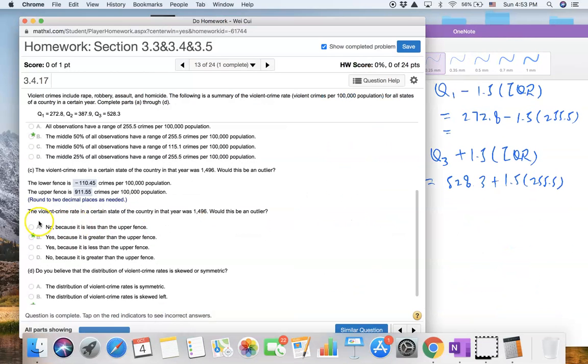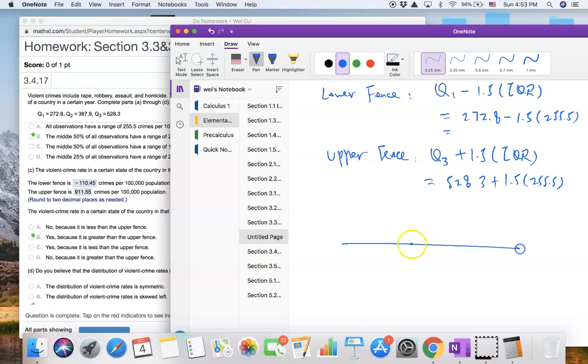Okay. The violent crime rate in a certain state of a country in that year was 1,496. Would this be an outlier? So we said if the value of the data is less than the lower fence, or if it's greater than the upper fence, that will be an outlier.